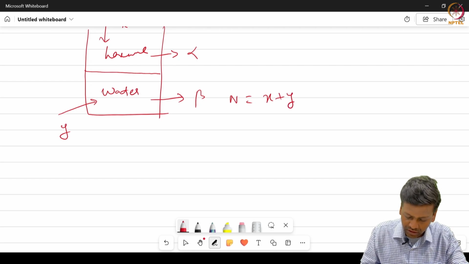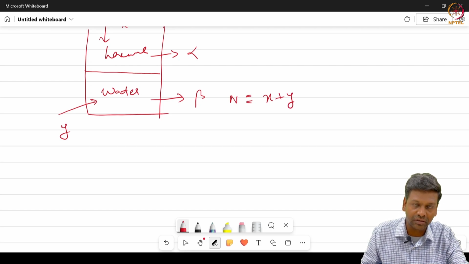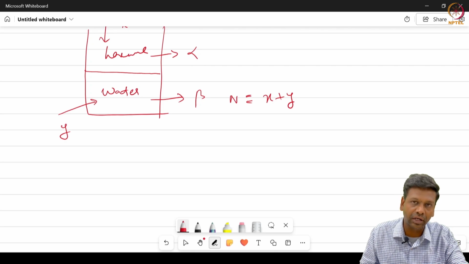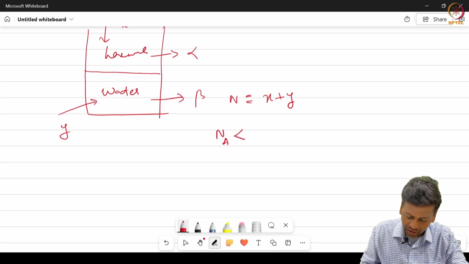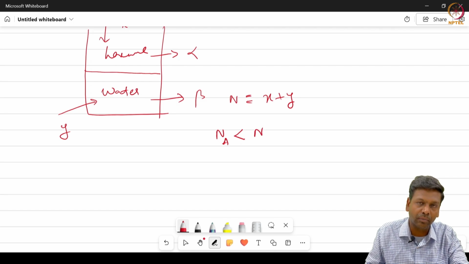But this is our expectation. Intuitively our intuition will say that this is additive, but it is not the case. When you measure, the actual number of moles will be slightly lesser than the expected number of moles.